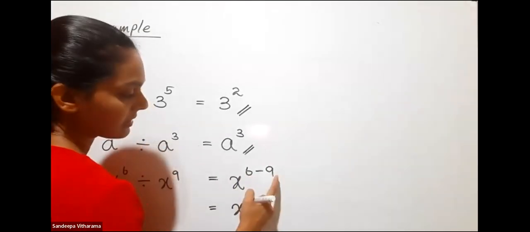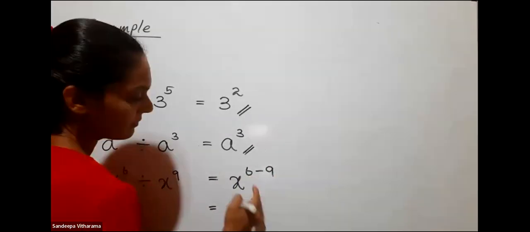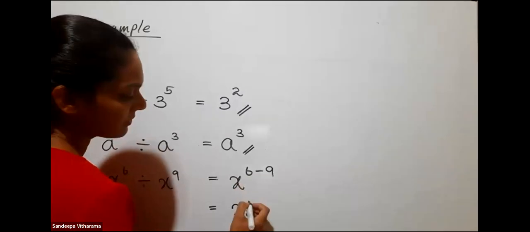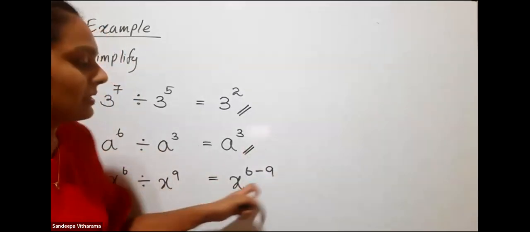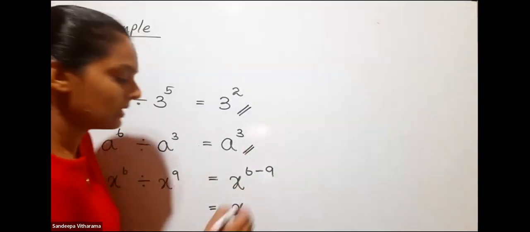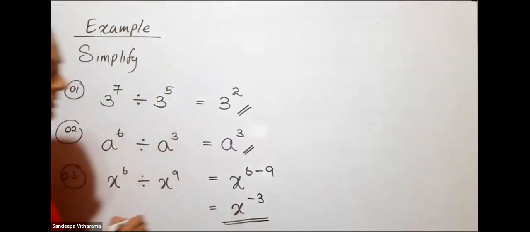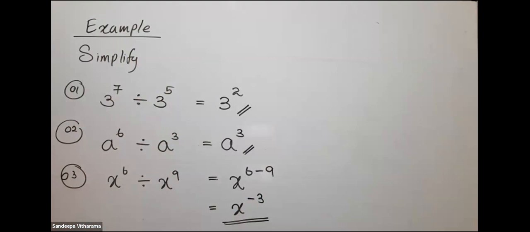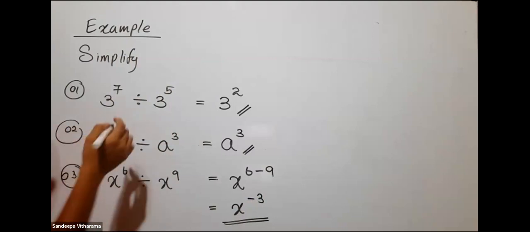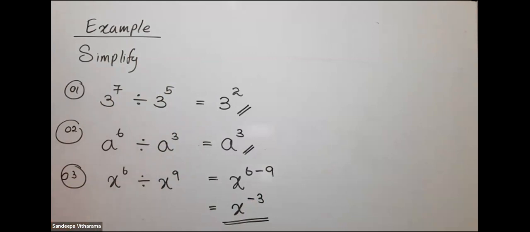We subtract small by large and include the sign of the large value. That means the answer is a minus value. Okay, it is minus 3. Write down these 3 question examples.